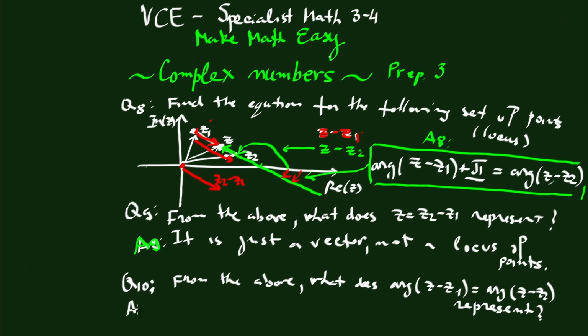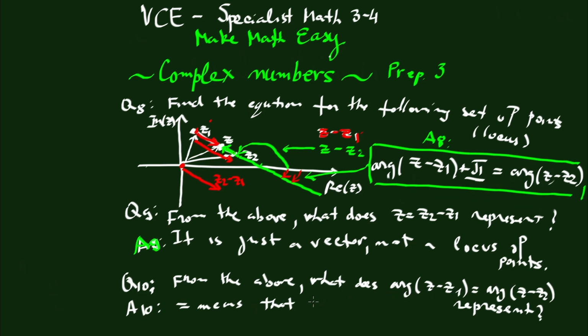So the answer number 10 would be, notice that argument z minus z1 is equal to, so equal sign means that both vectors point the arguments that are equal.